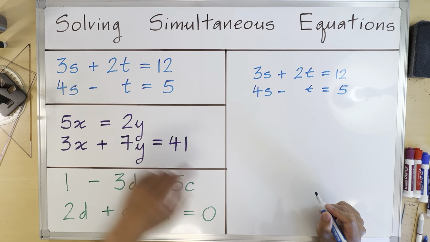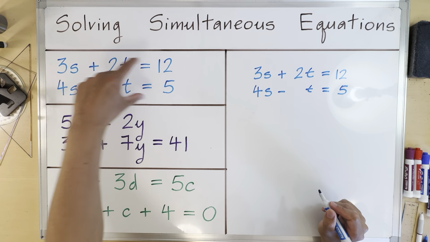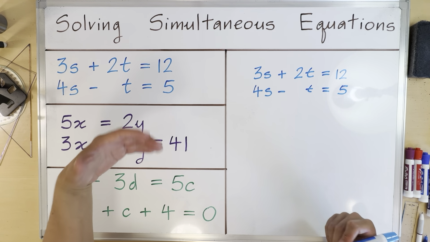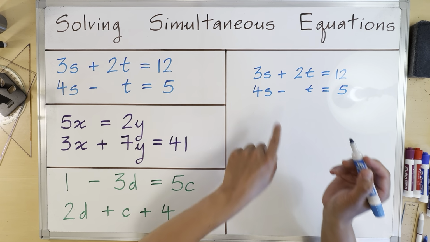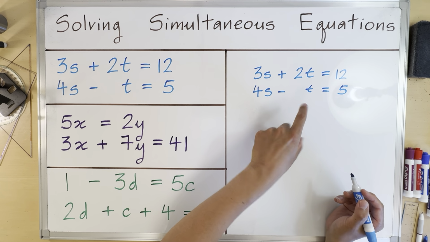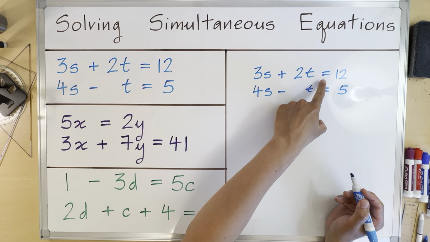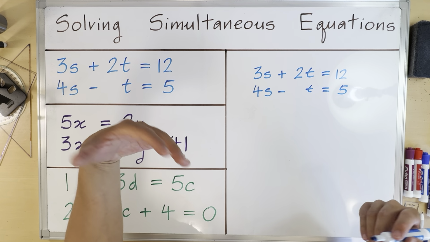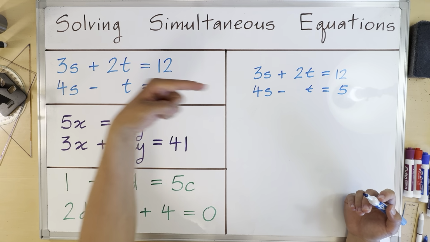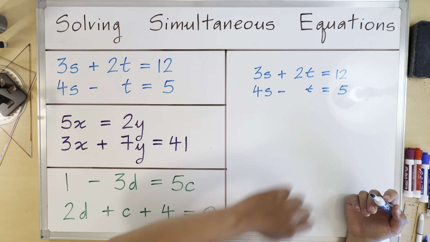And for this first set of problems right here, we do not need to rearrange anything because all of the terms with unknown variable letters are already to the left side of the equal sign, and all of the terms that contain numbers only are already to the right side of the equation.